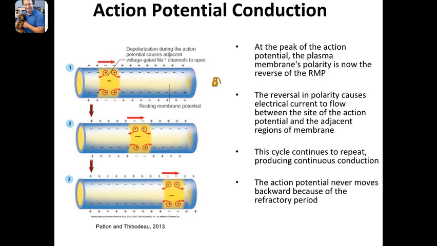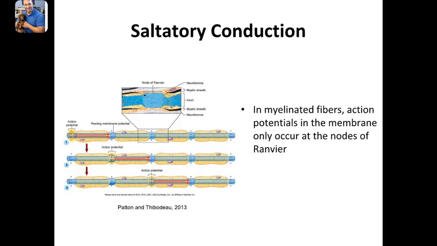Something called saltatory conduction, which is very important in terms of those myelin sheaths. There's a structure on the axon called nodes of Ranvier. And they look like little tic-tacs or little sausage links, and you can see them right here. So the sausage links would be the myelin sheath, and this is a node of Ranvier. And then this is another myelin sheath.